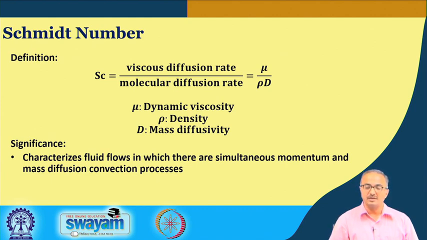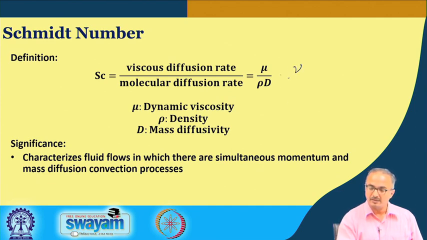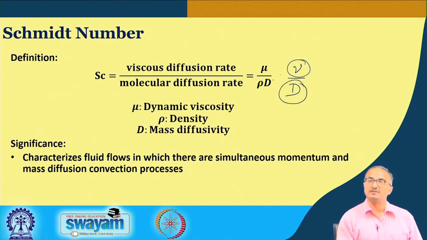What is it? It is the ratio of viscous diffusivity to molecular diffusivity, which you can also write as nu by D. So this is the momentum diffusivity to the mass diffusivity, similar to the Prandtl number, which was the momentum diffusivity to the thermal diffusivity.